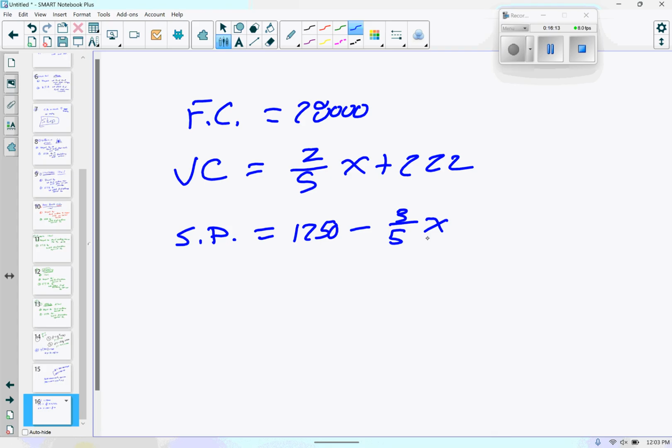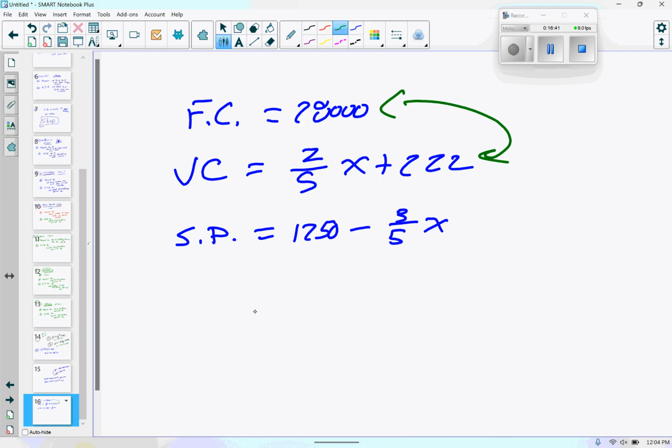All right. Let's make sure we have the definitions down. So we have fixed costs, FC. Cost is variable cost plus fixed costs, so I need to add these together.